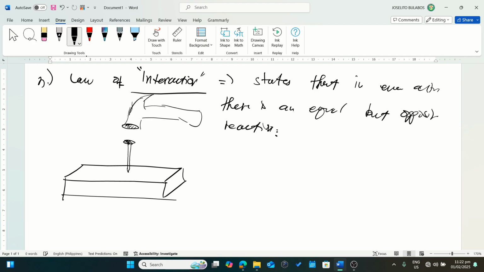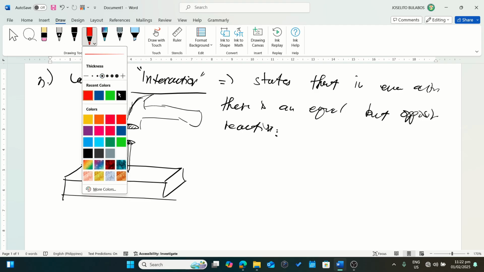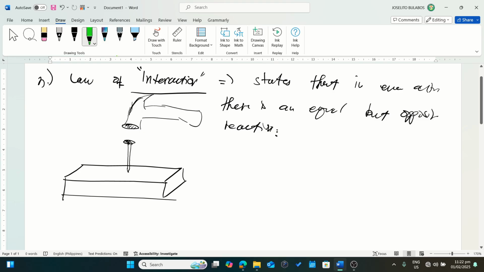The action here is the force applied by the hammer to the nail. So we exert a force here, that is the action. Let's say this is our FA. We exert a force onto the head of the nail.